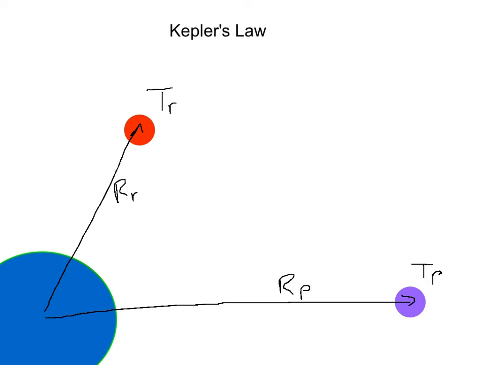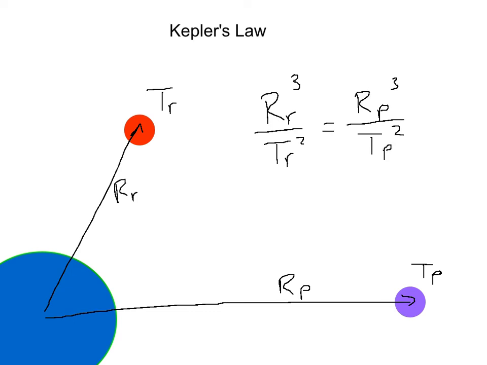What Kepler's law tells us is that the radius of the red body cubed divided by its period squared will be equal to the radius of the purple body cubed divided by the period of the purple body squared.